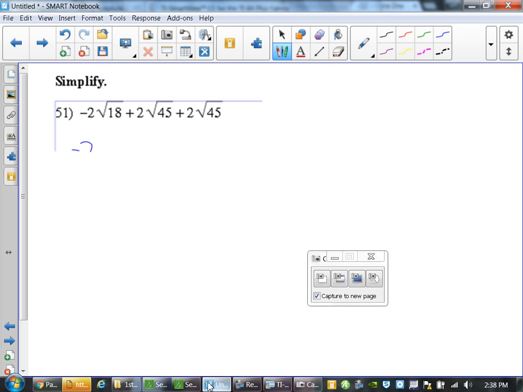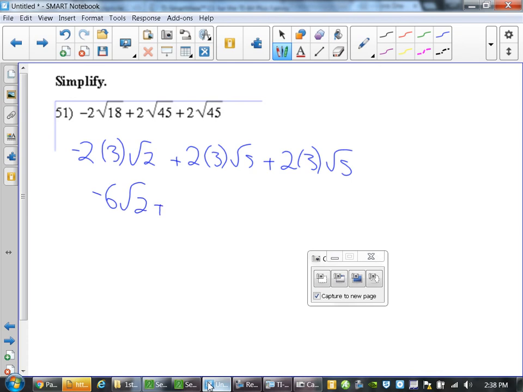So it's negative 2 times 3 times root 2. 45 is 3 root 5, so then you have plus 2 times 3 root 5 plus 2 times 3 root 5. So this is negative 6 root 2. Go to the next problem. That's it.